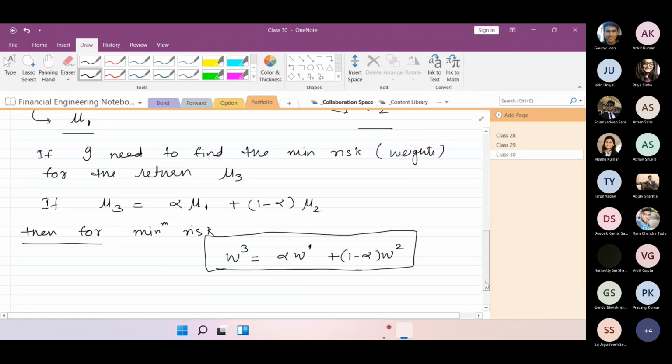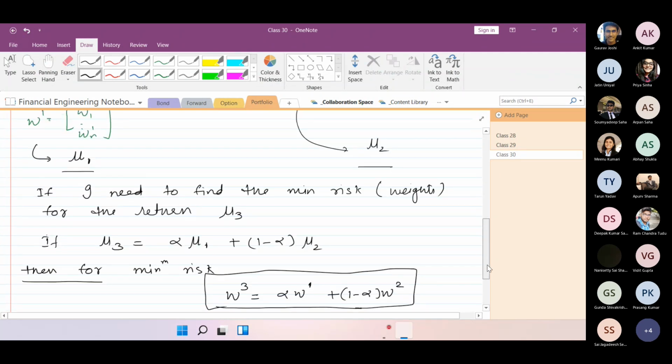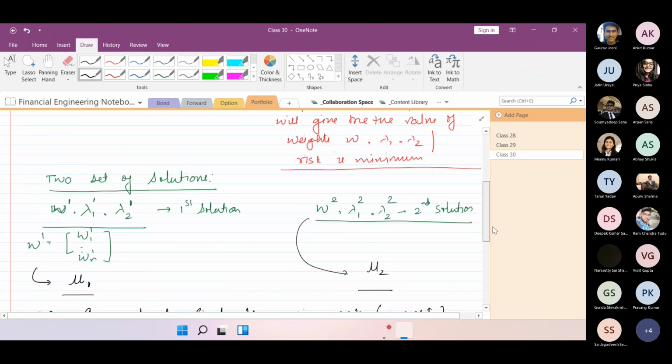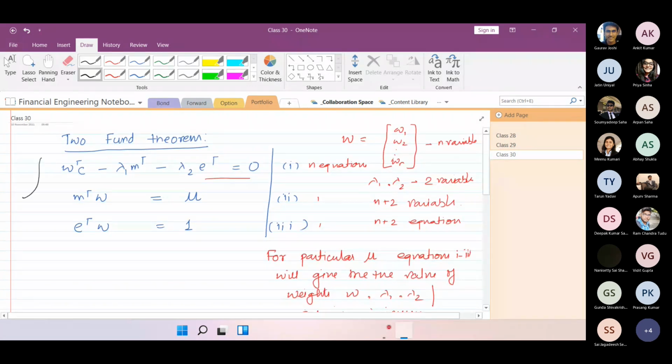Right. So what we need to do is say that if weight W3, a combination of alpha and 1 minus alpha, is able to satisfy all these three equations, then I have a minimum risk. Can I say this?